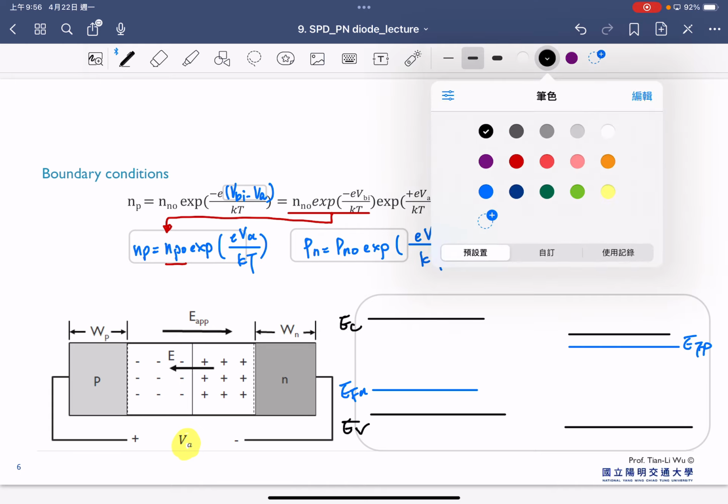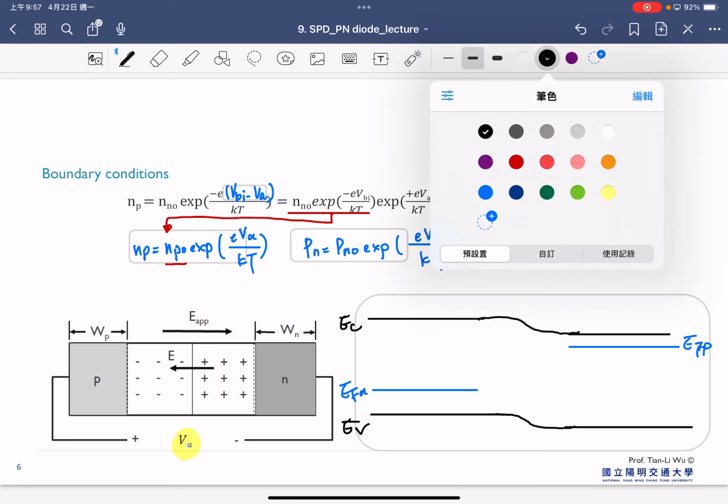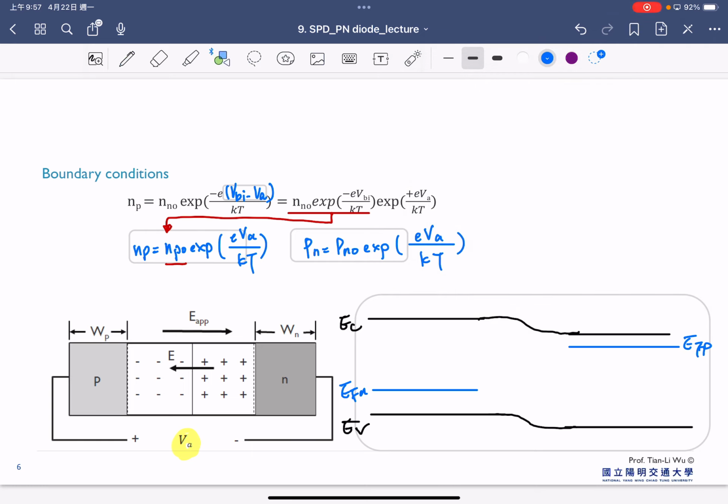We try to connect these together, and the difference between this one and this one is EVA. That's the voltage we apply.